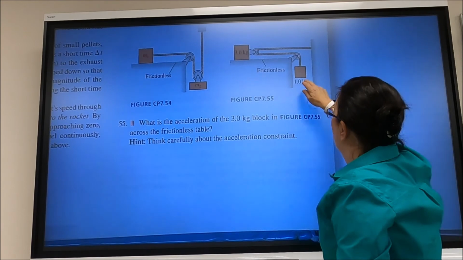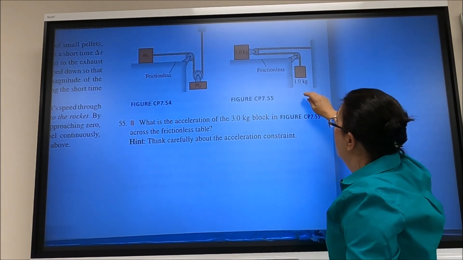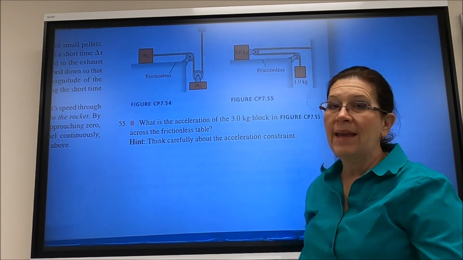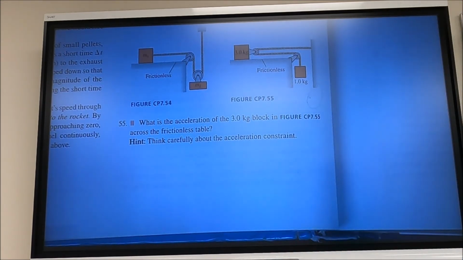The other thing I want you to realize is if block 1 moves a foot, the 3 kilogram block is only going to move half a foot because of the way the rope is looped. So the acceleration constraint is going to be a little different here. Okay? So I want you to think about that for me. How is that going to affect our acceleration constraint?